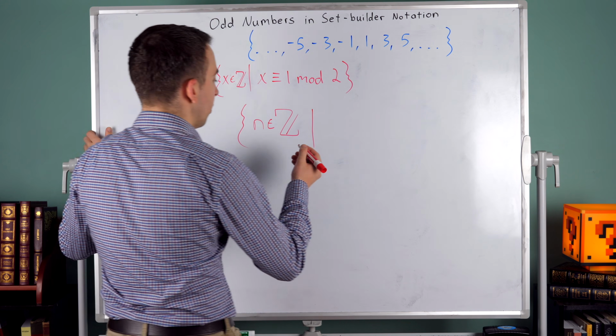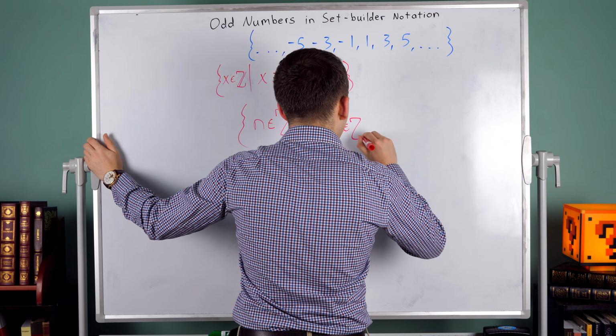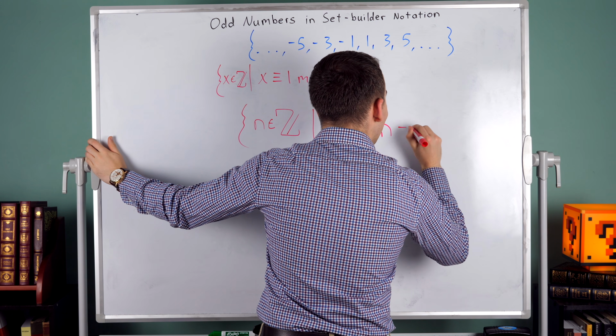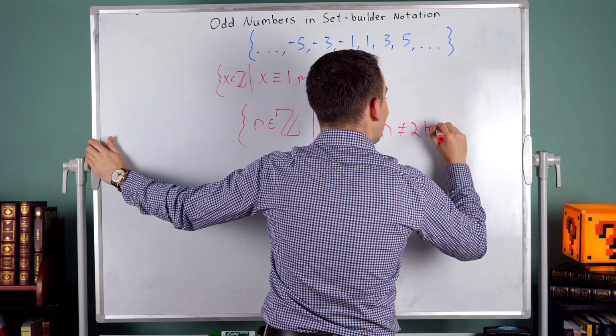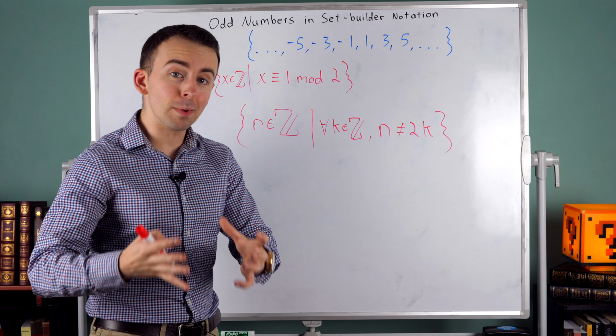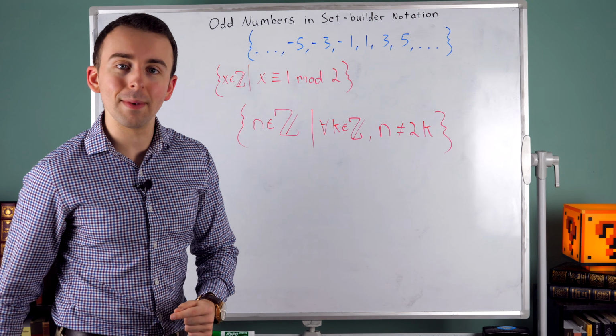Another thing we could do is say that for every integer k, for every k in the integers, n is not equal to 2 times k, right? Because this is the definition of a number being even, that it is equal to 2 times some integer.